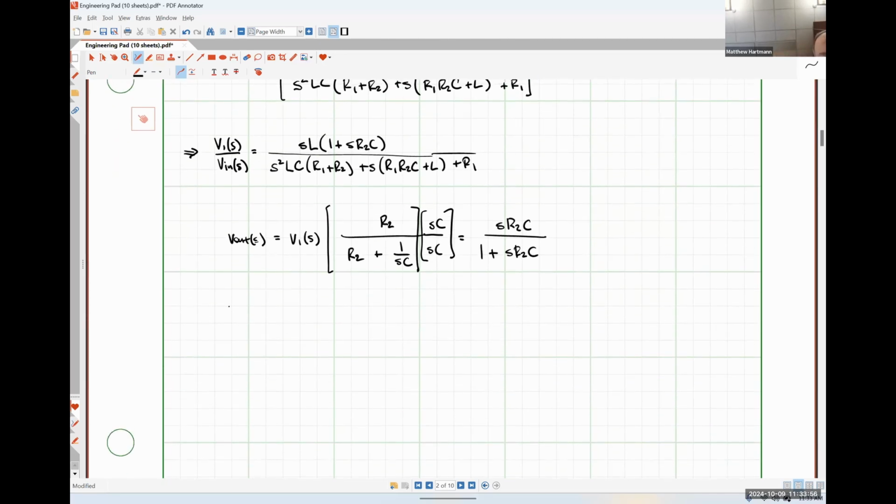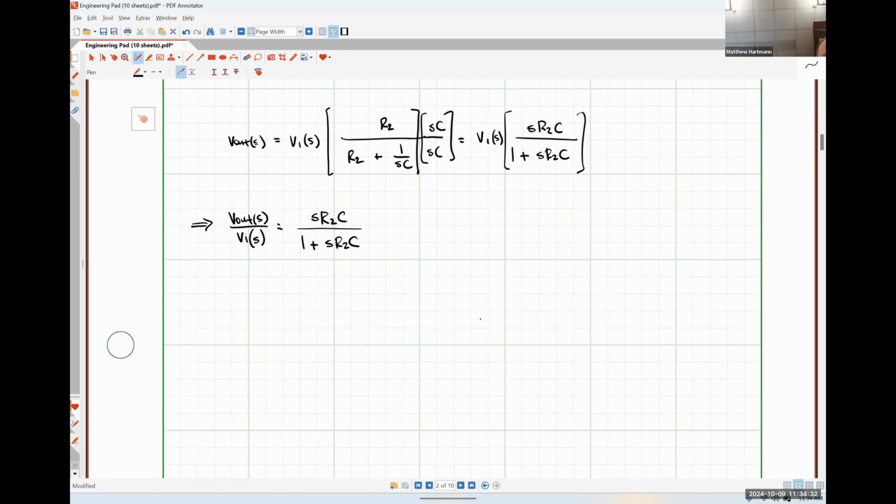And from this, we can easily see then that V out of S over V1 of S. Oh, hold on. Let me scooch this thing over. I forgot to carry the V1 through. My apologies. Is nothing more than SR2C over 1 plus SR2C.